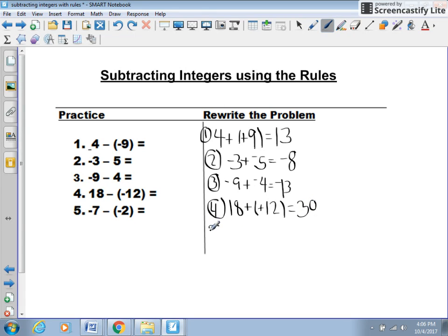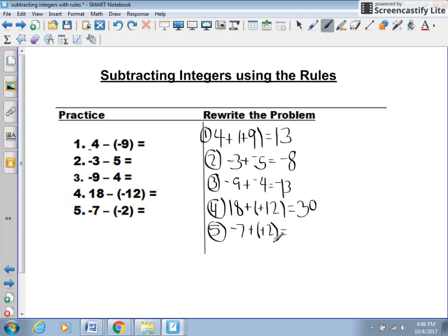Last problem before you do some on your own. Number 5 is negative 7 plus positive 2. In this case, my numbers have two different signs.